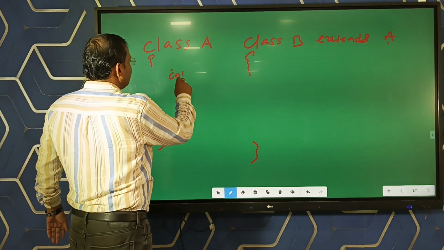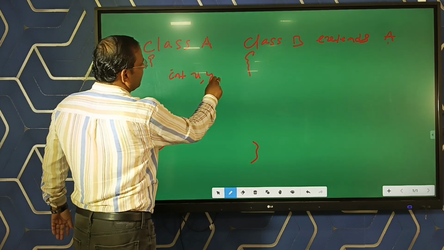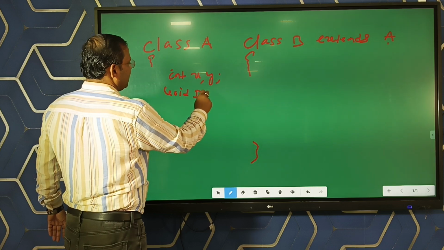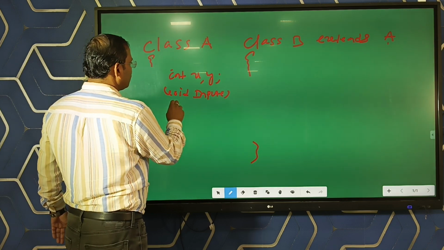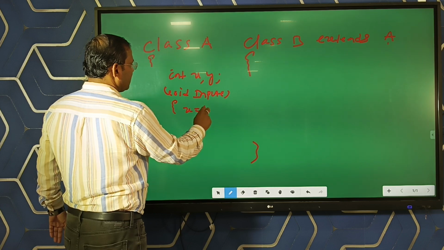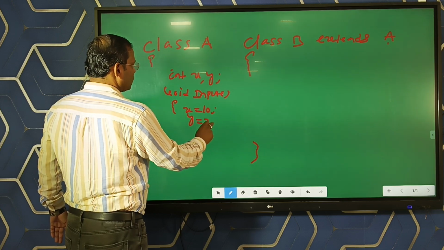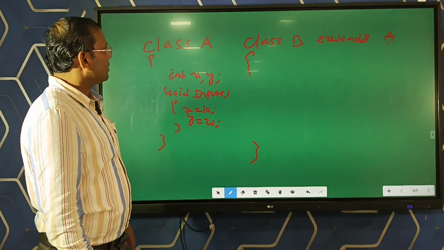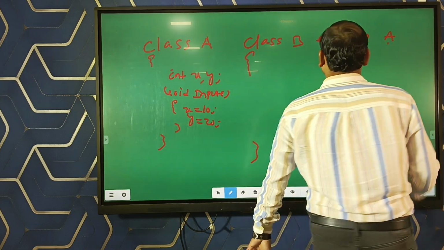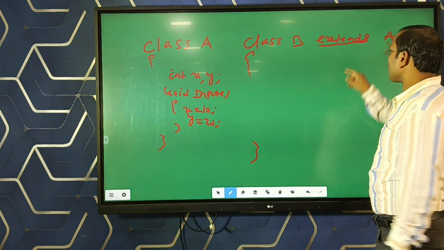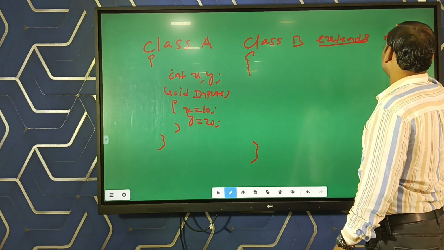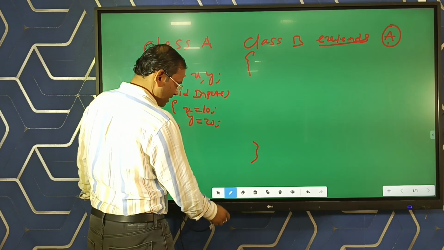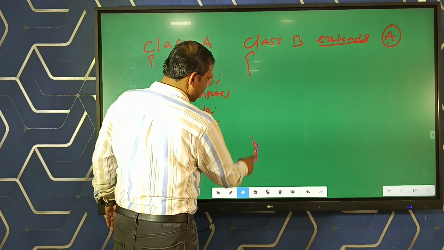Here int x, y, and void input, with x equal to 10, y equal to 20. Class B extends A. Extends means the properties or characteristics of A.